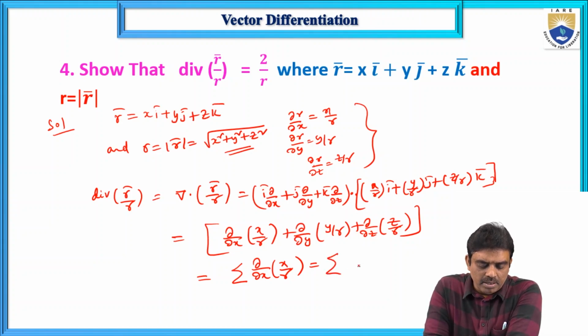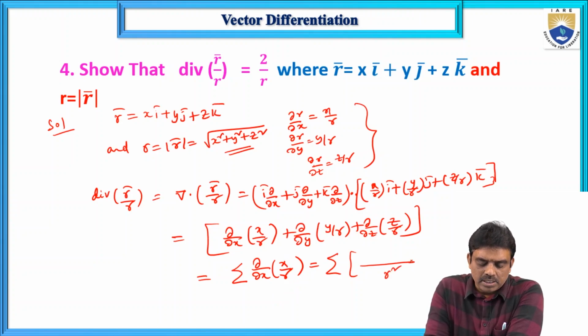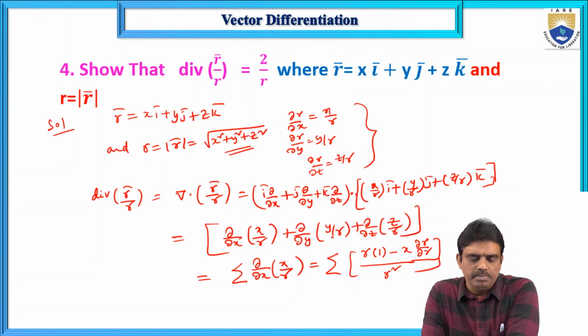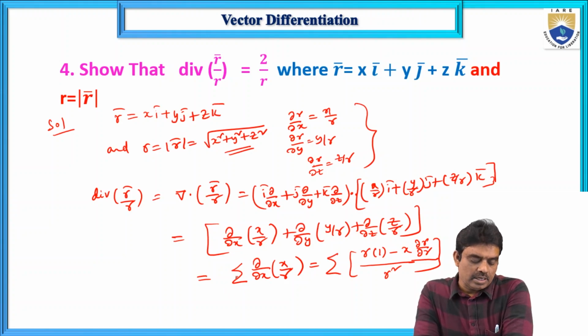So what is the formula? Summation ∂/∂x of x by r, the summation symbol stays as it is. Differentiating x by r using the formula u by v, it is (r into 1 minus x into ∂r/∂x) by r square. I'm using the summation notation because instead of writing all three terms each time, I use this notation.